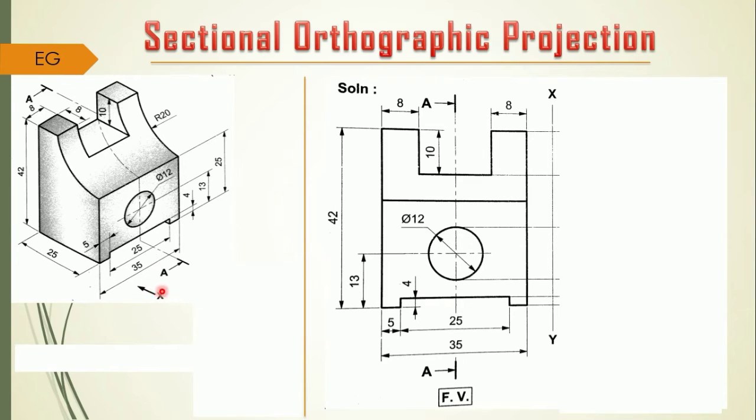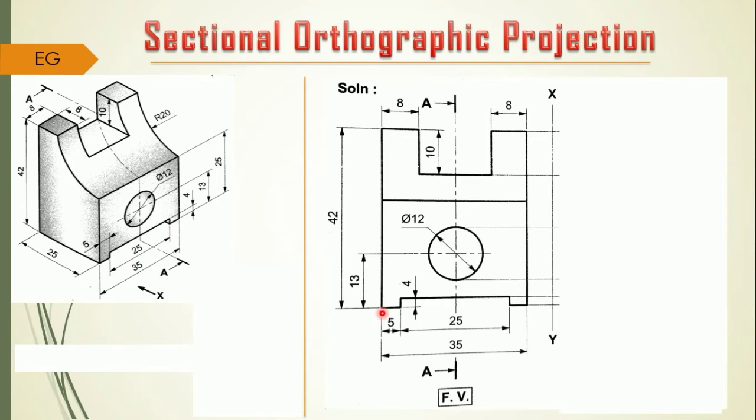As the position of the observer is over here, this portion is a rectangle, and to its lower side you have one slot, and that slot has the respective dimension of 25 by 4. The height of the slot is 4, and to this side you have this dimension as 5 mm to left as well as 5 mm to right.